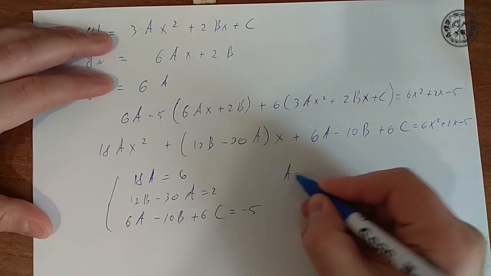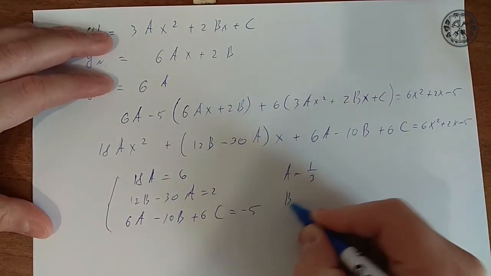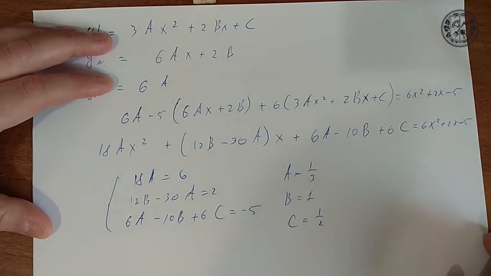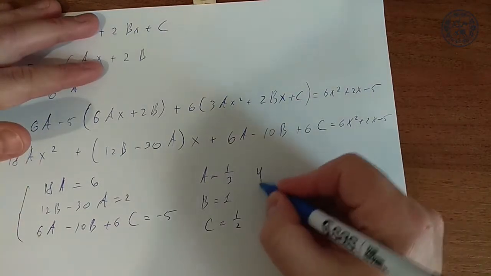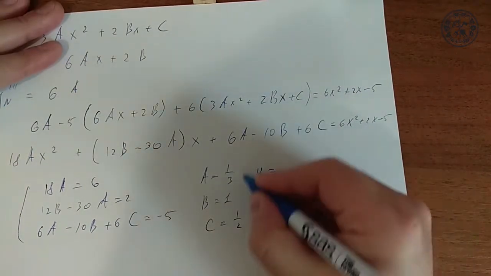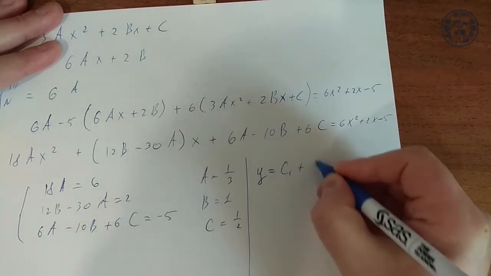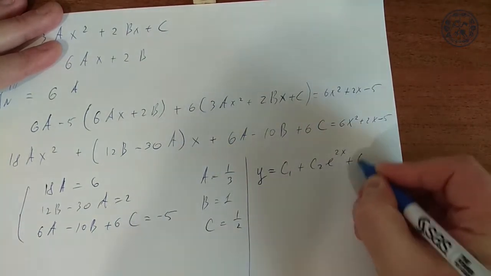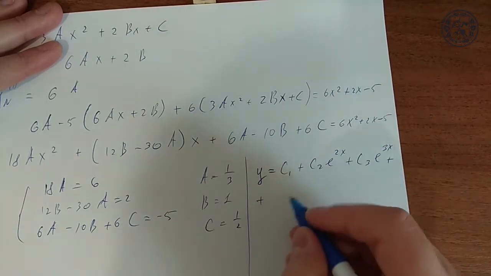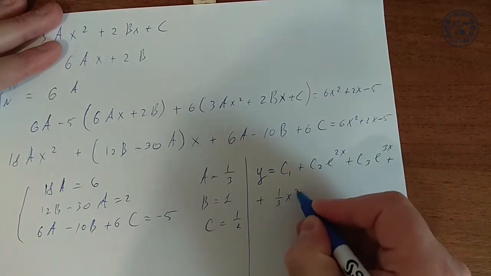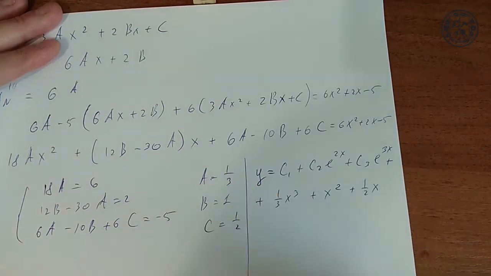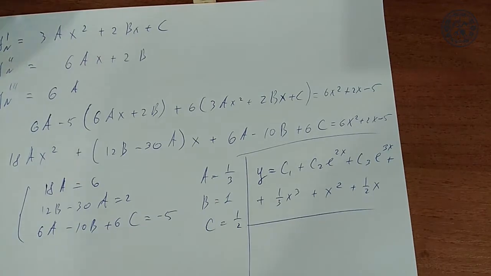So a will be 1 over 3, b will be 1, c will be 1 over 2. And our general solution will be the homogeneous part c1 plus c2 e power 2x plus c3 e power 3x plus the non-homogeneous part 1 over 3 x cubed plus x squared plus 1 over 2 x. This will be our solution.